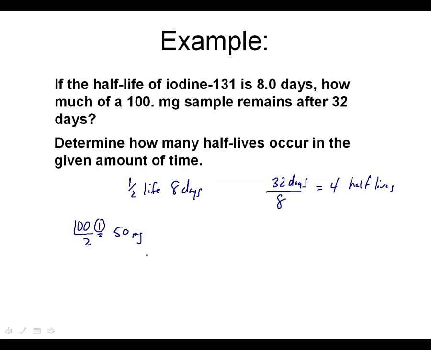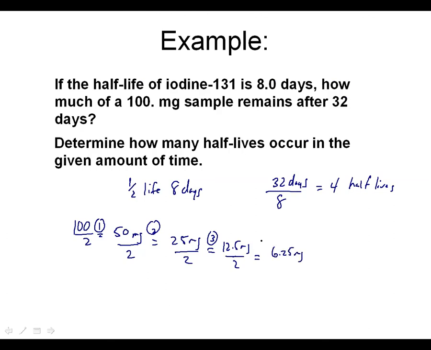We'll divide it by 2, which will give us 25 milligrams. That's after our second half-life. Divided by 2, that'll give us 12.5 milligrams after our third half-life. We'll divide it by 2 again, going to give us 6.25 milligrams.